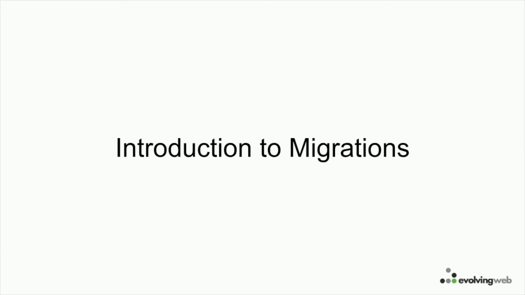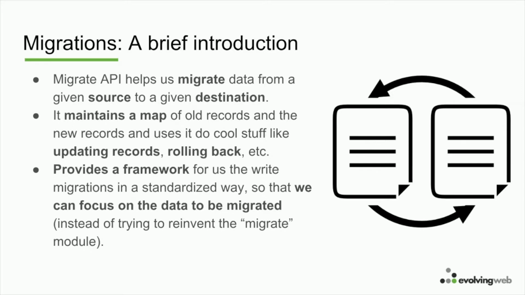Okay, so an introduction to migrations. So Migrate API basically, for those of you who haven't used migrations before, helps you migrate data from a given source to a given destination. Say, for example, you have a list of CSV files containing chemistry elements like oxygen, hydrogen, and you want to create nodes from that in Drupal, like content, which you can go to a page of that particular thing and see it on your Drupal site.